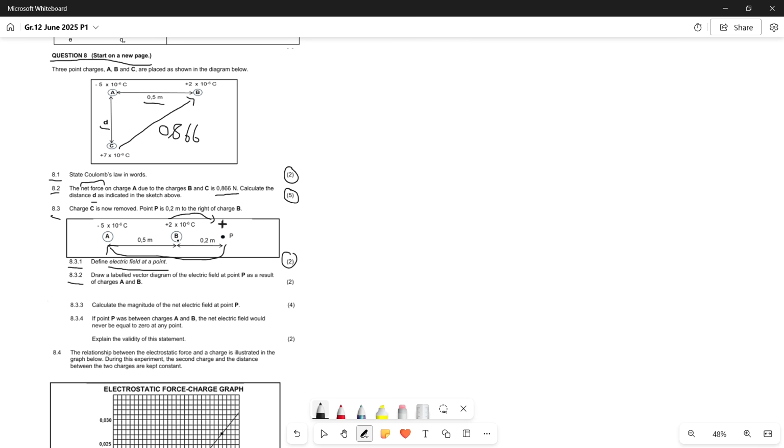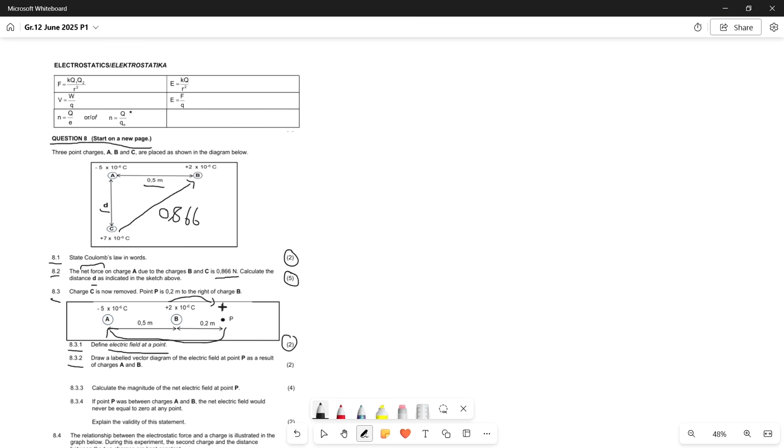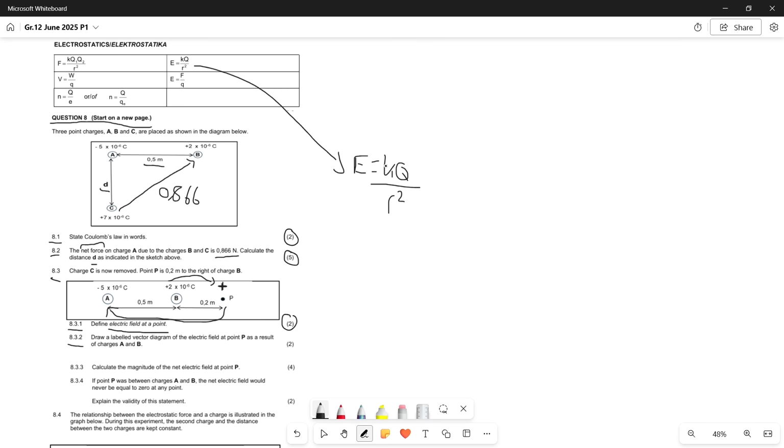And the fact that B is a lot closer to P than A has the biggest impact because our formula when we are looking at our electric field, I'll write it down quickly, has an R squared, and the fact that the R is squared means the distance has the biggest impact on the electric field at a point, more so than the charge.